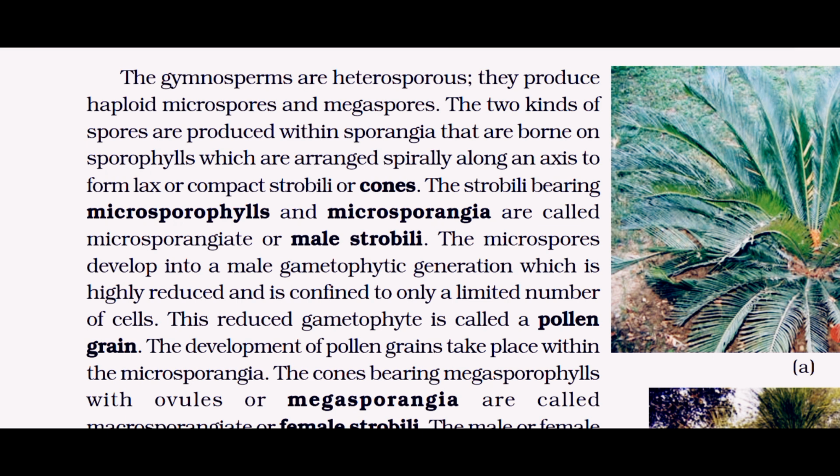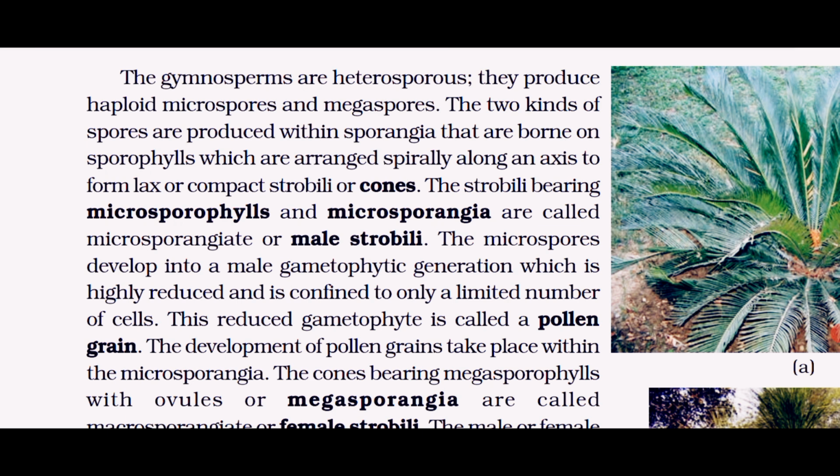The strobili bearing microsporophylls and microsporangia are called microsporangiate or male strobili. The microspores develop into a male gametophytic generation which is highly reduced and is confined to only a limited number of cells.